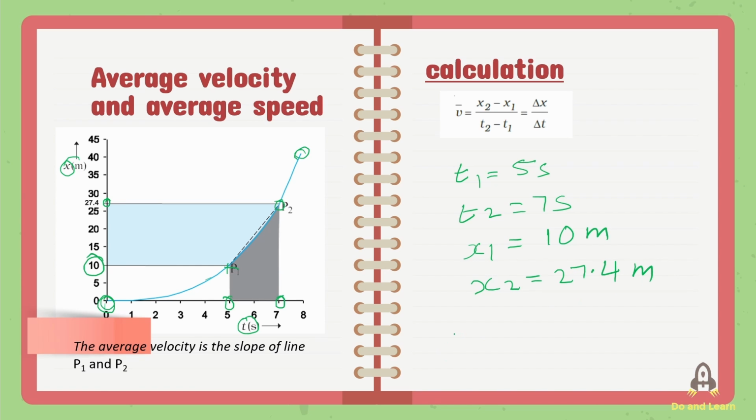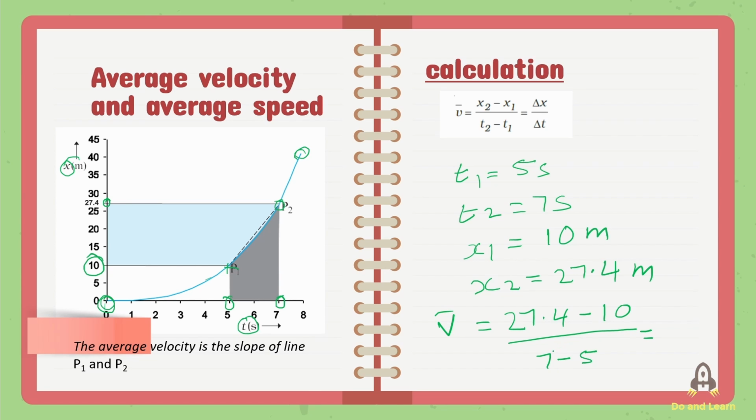So x2 is equal to 27.4 meter. Now we can calculate the velocity. Average velocity is equal to, the formula is already there, x2 minus x1 divided by t2 minus t1. x2 how much? 27.4 minus 10 divided by t2 minus t1, 7 minus 5.